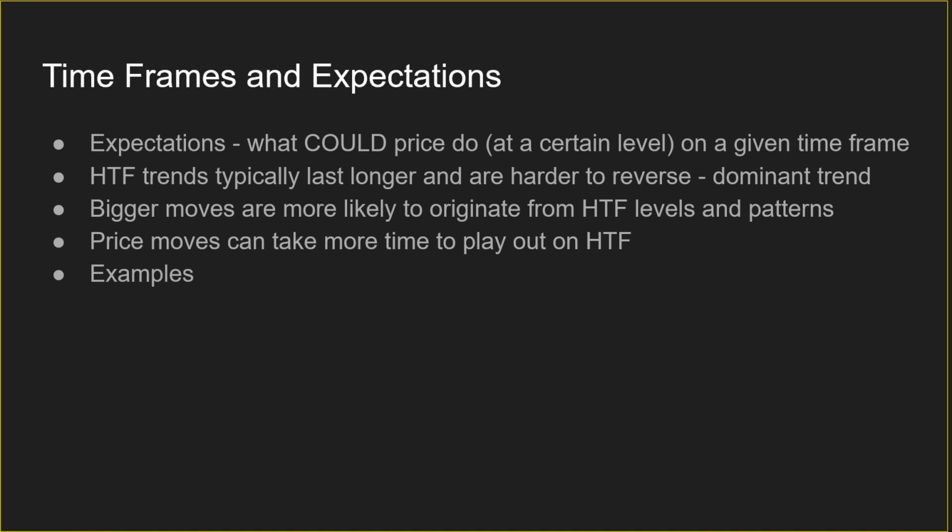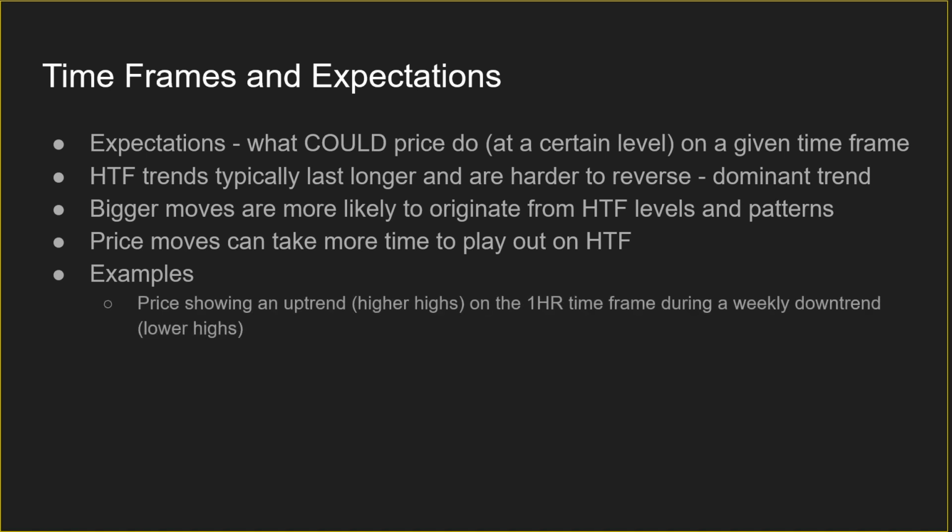Now, some examples could be found when price is showing an uptrend, higher highs on the 1 hour time frame, during a weekly downtrend, where we see lower highs on that weekly downtrend. So here's where we start to shift our expectations in regards to finding signs of a reversal or changes of that dominant trend.